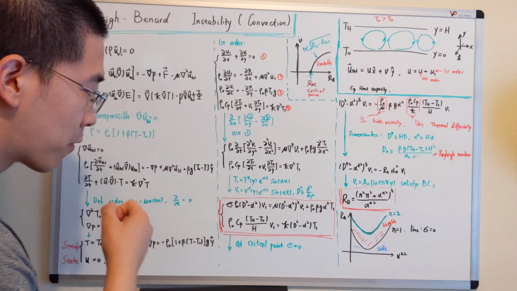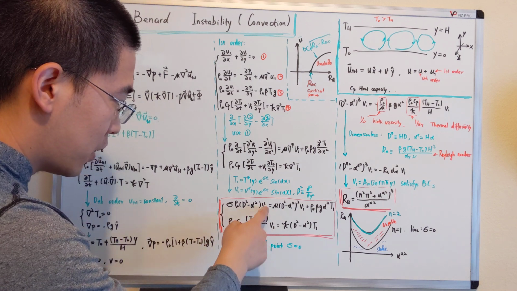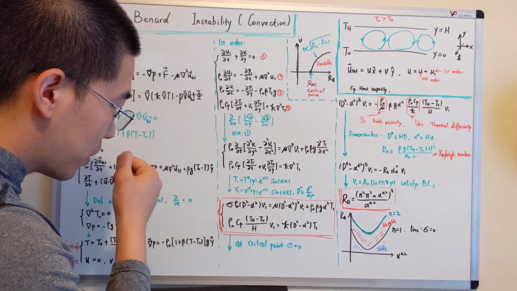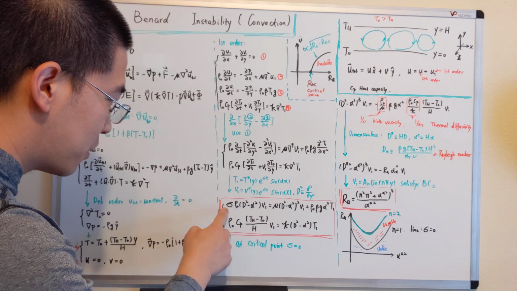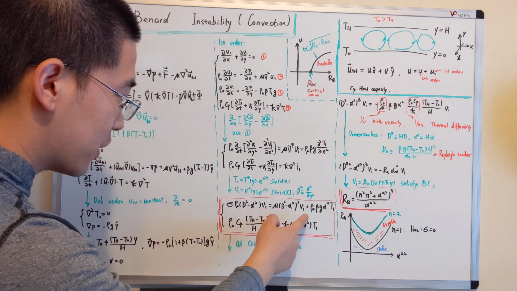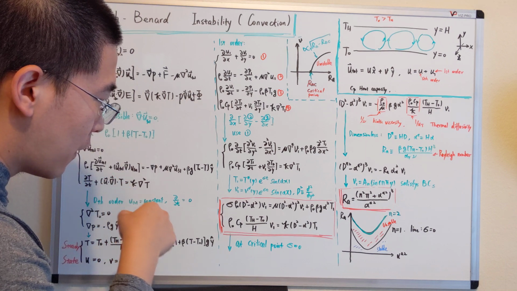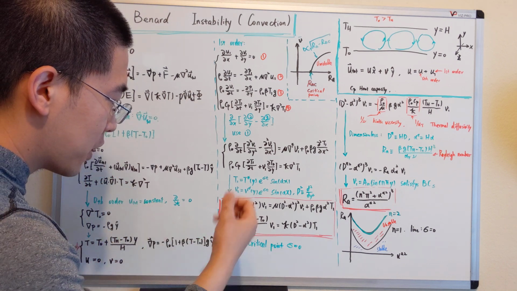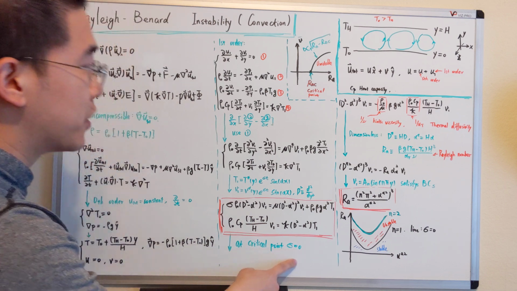For the critical point, we could decouple these equations, but it will make our life much easier to consider sigma equal to 0, which gives a certain level of symmetry, as you can see. So we assume that at the critical point sigma is 0.